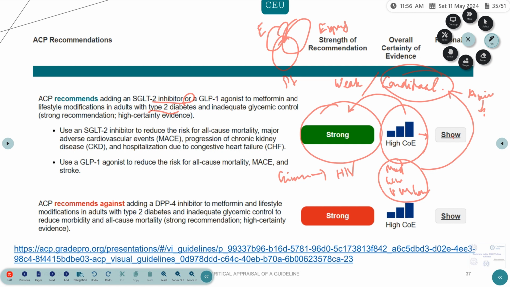Another example: what is the treatment for cerebral malaria? Artemisinin combination therapy. Is that the only treatment? Suppose artemisinin is not available, what will you do?